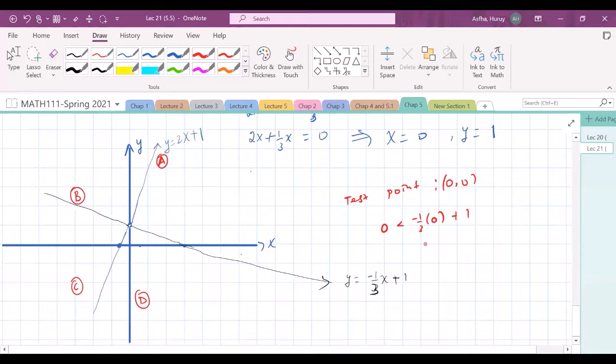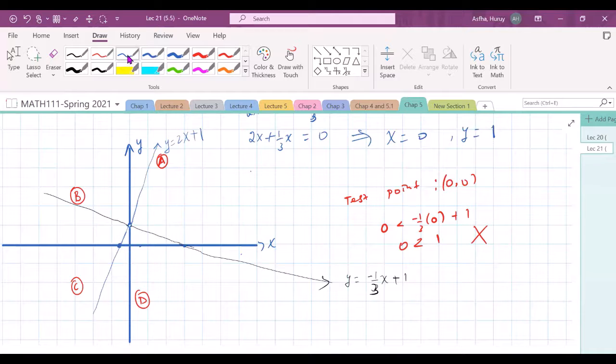So is this true? 0 less than 1? This is not true. Since the test point is from below the line, all these two regions don't satisfy this inequality, which means the above area is the solution to this inequality.